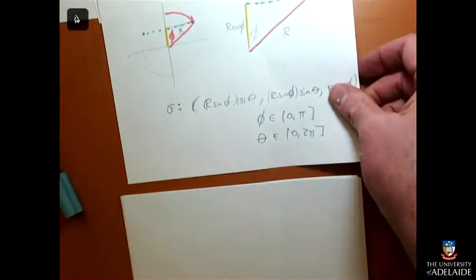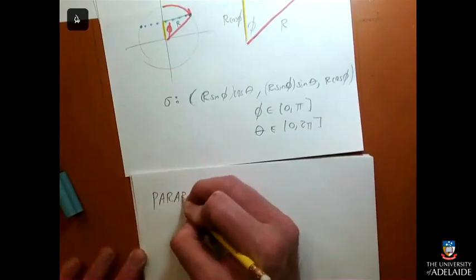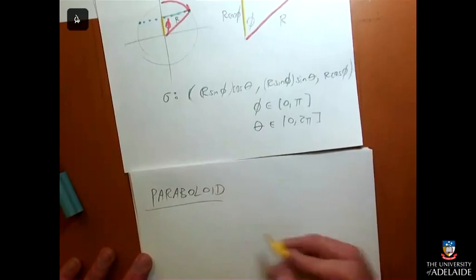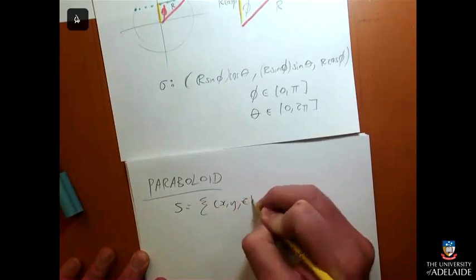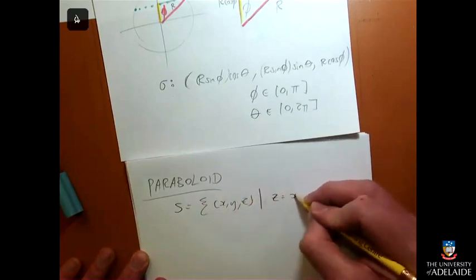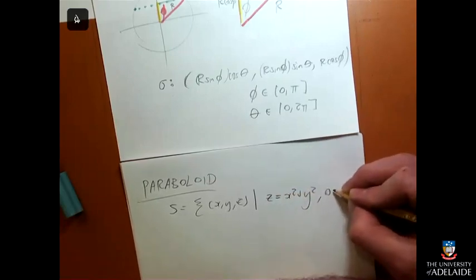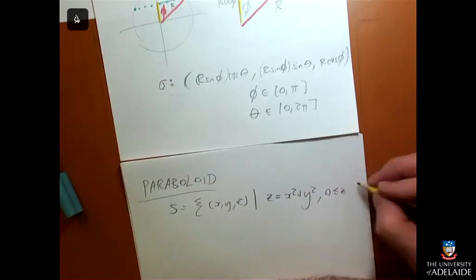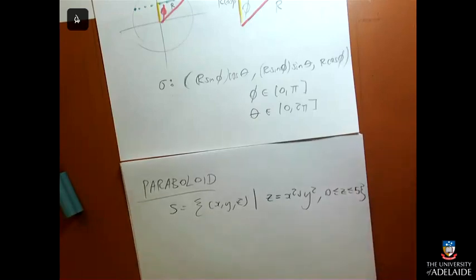I reckon I've only got a couple of minutes to go. So how about we do a paraboloid? Z is x squared plus y squared, from 0 to 5.